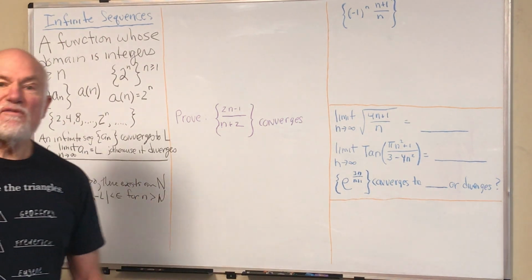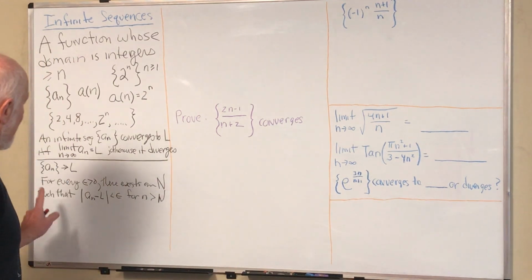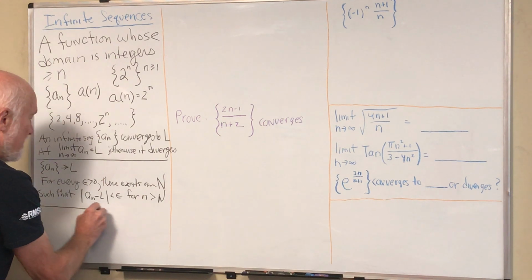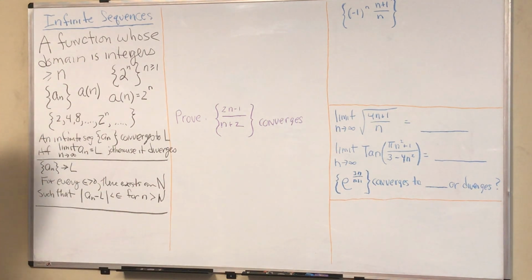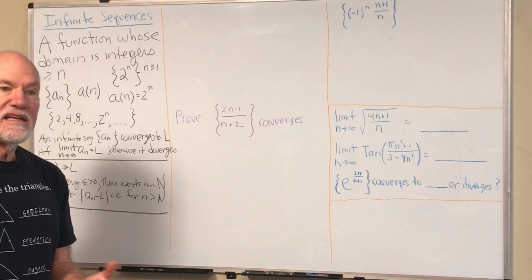And just like when we first did limits with functions, this was the real formal definition of a limit existing and a limit equaling a value. It's kind of a complicated one, and just like with functions, we're not going to end up using it a lot.